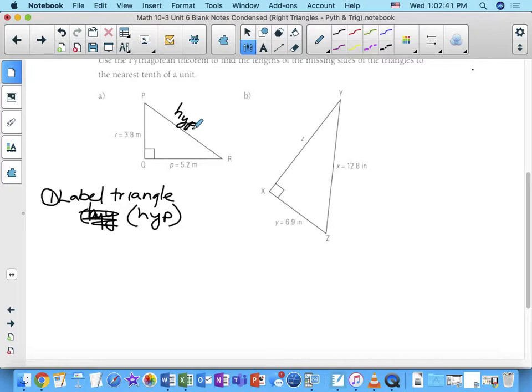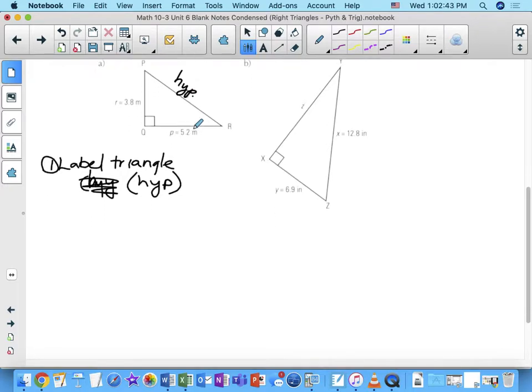Okay? Now we're going to write out our formula. A squared plus B squared equals H squared. Okay? And fill in what you know.